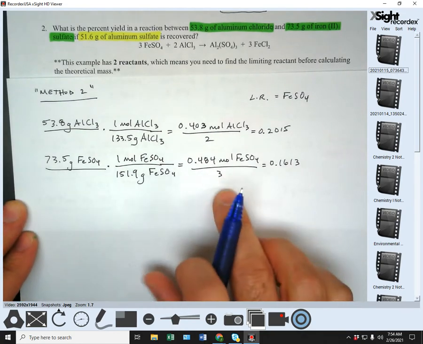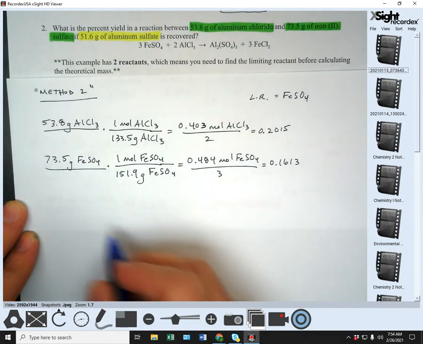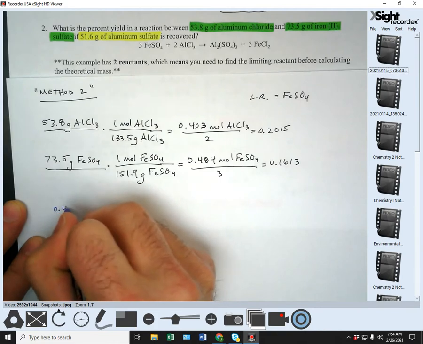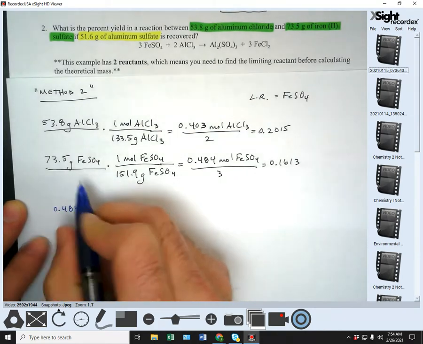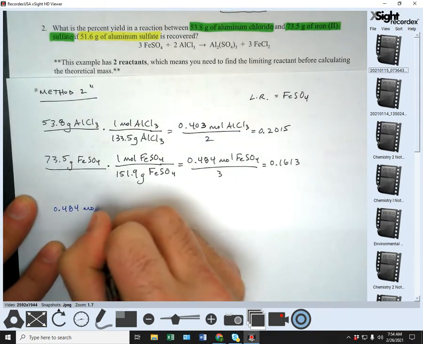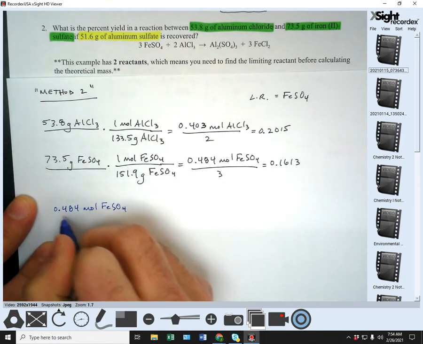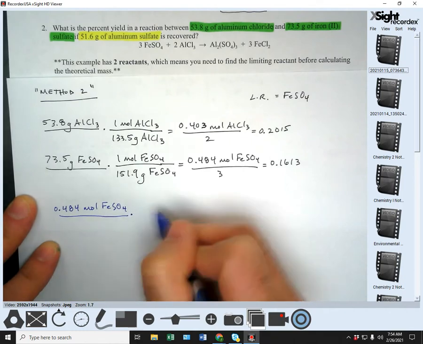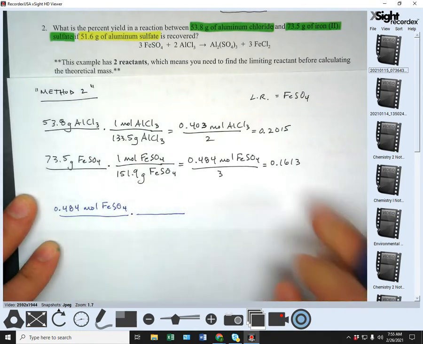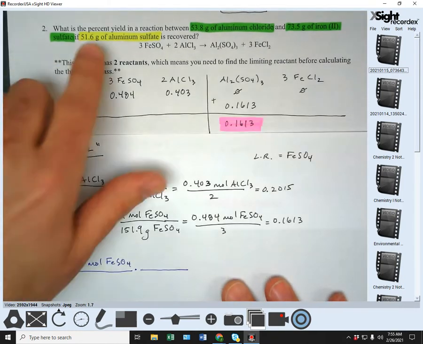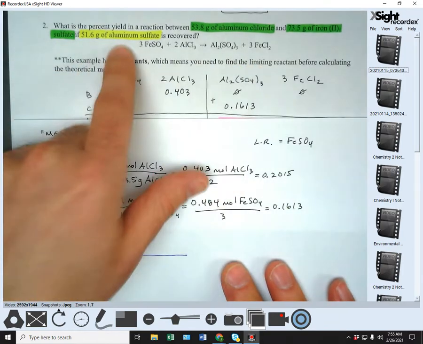So I'm going to take this 0.484 moles of the FeSO4, right? And I'm going to turn that into the grams of aluminum sulfate.